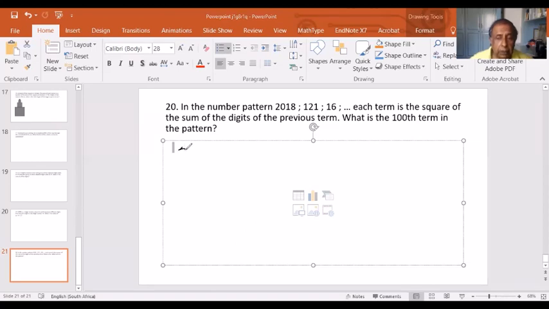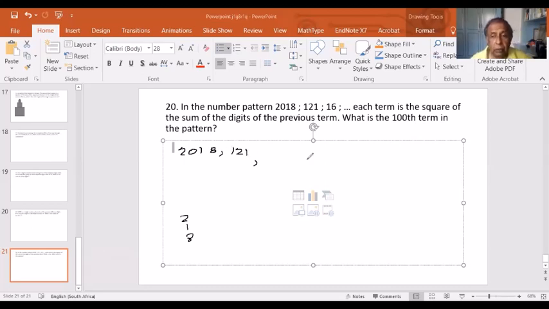Oh, all right. So you got 218. The sum of the digits is 2 plus 1 plus 8. It's 11. It's the square of the sum of the digits. So 11 squared, 11 times 11, is 121. Okay, that's exactly as we see here. Now again, you take this next one, you add the digits.